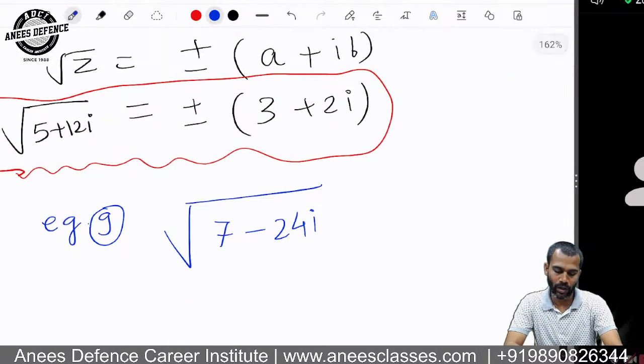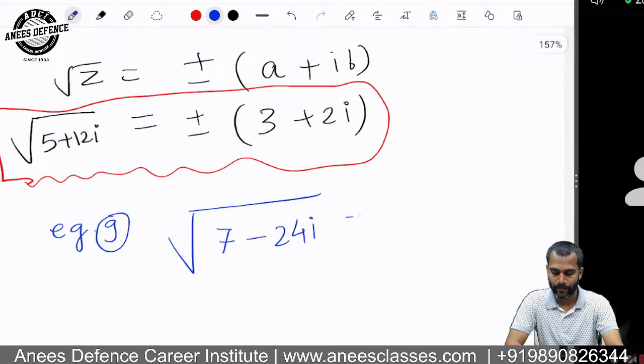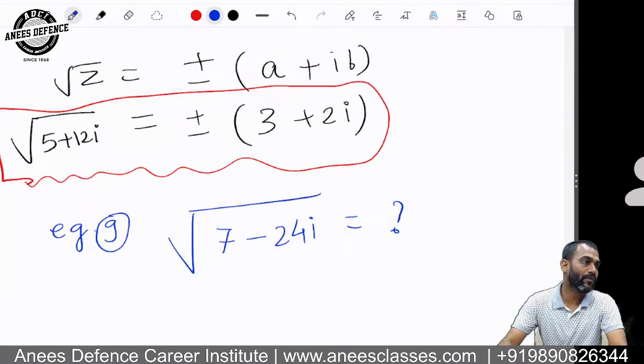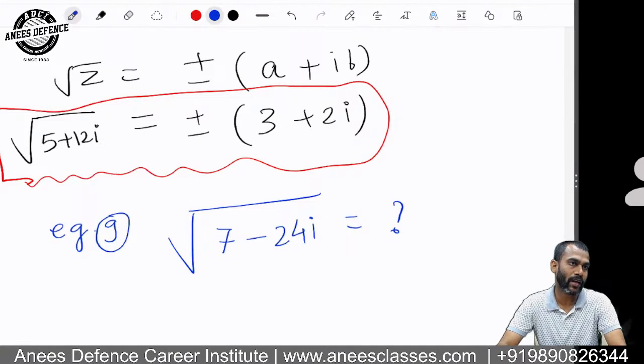I hope you know the formula. What is the sign in the answer? In between the real part and the imaginary part, it would be negative here in this question. Why? In the question, we have minus. And you have to find the values of A and B using the given formula. I have already given the formula.